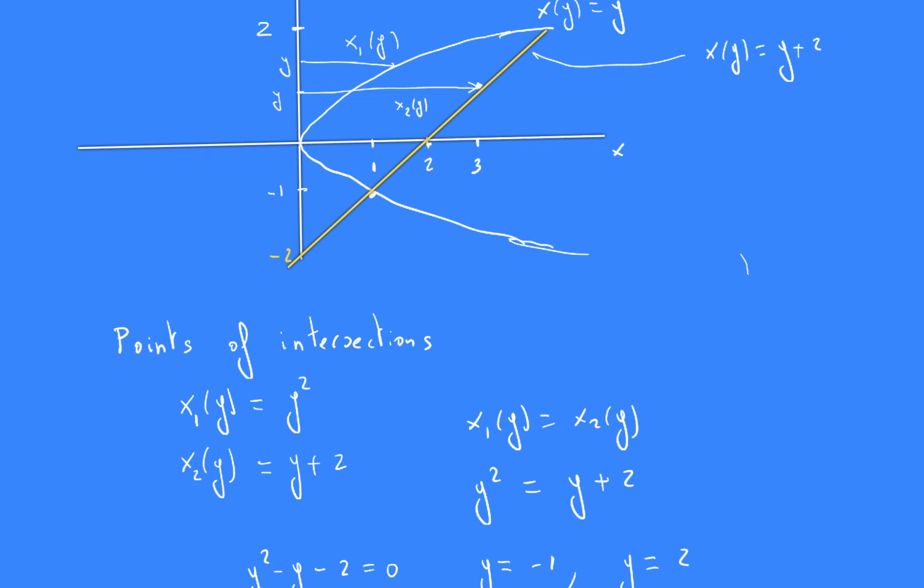Now the problem wants us to represent the function x of y equals y squared and x of y equals y plus 2, and to see the area between the two curves. What is x of y equals y squared? You plug in a y.